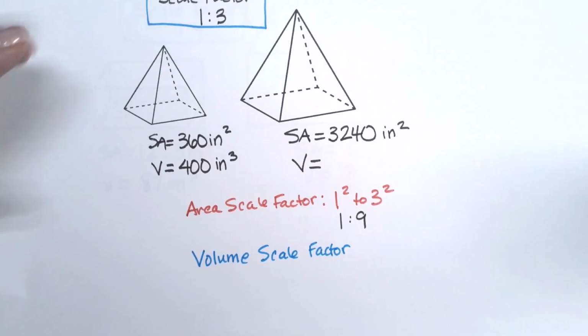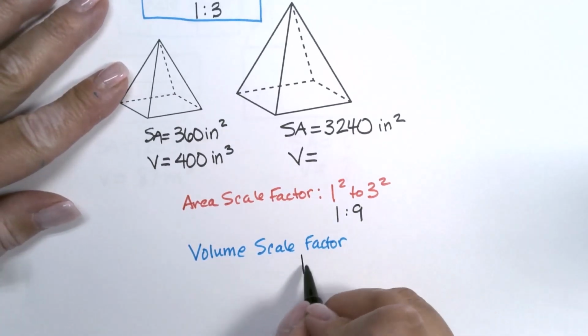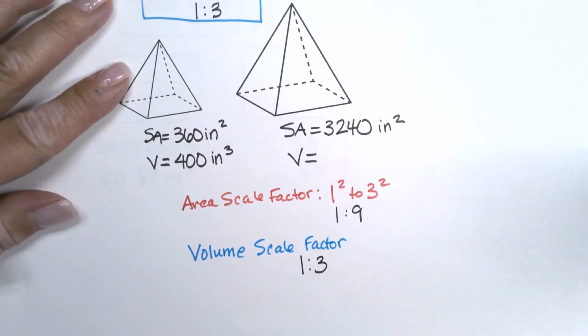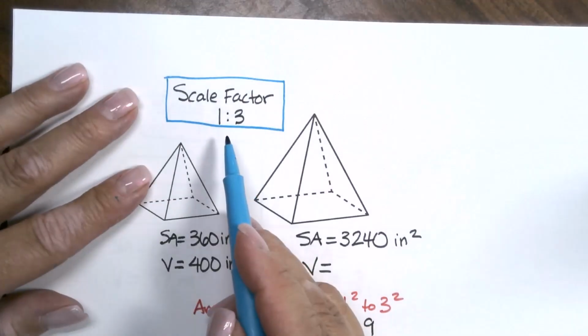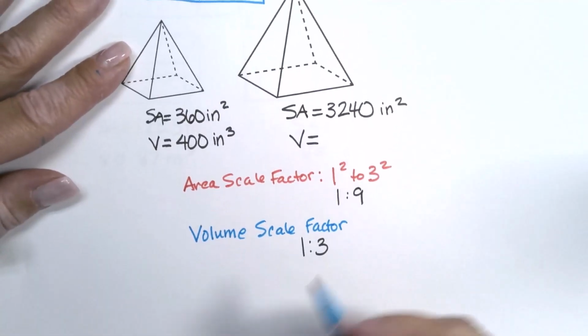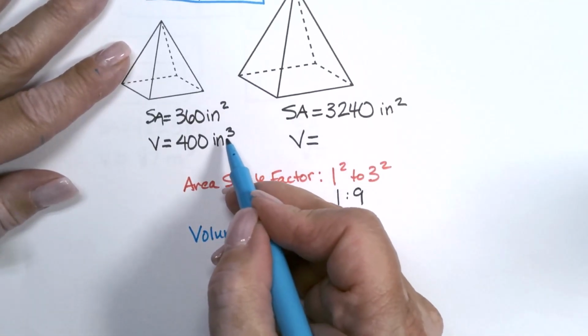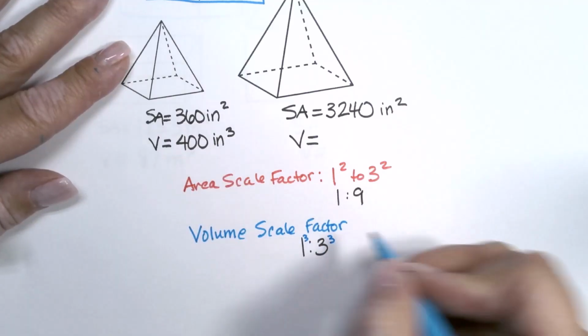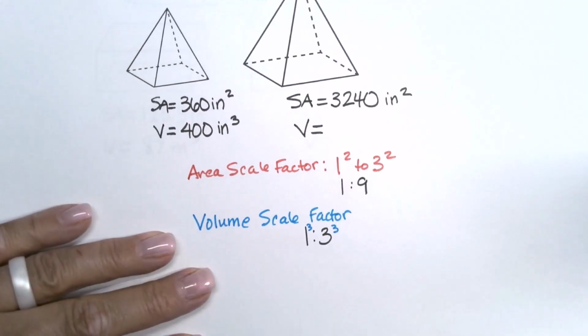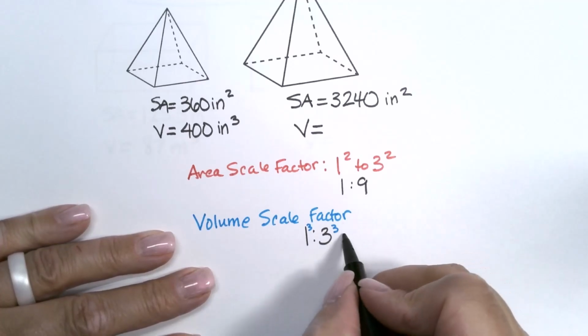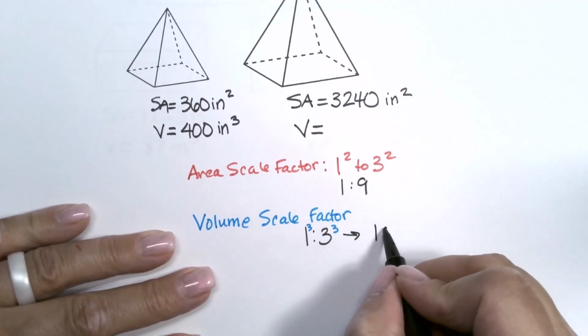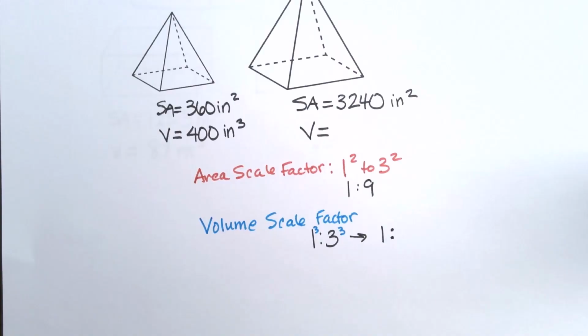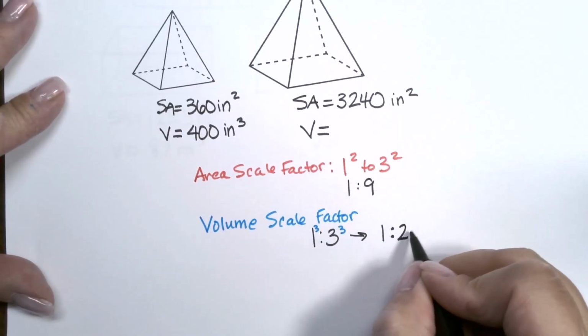So again, we're starting with the 1 to 3. That's the original scale factor, but volumes are cubed. You can see that from the units. So cube that up. And you are going to end up with 1 cubed is 1, 3 cubed is 3 times 3 times 3, 9 times 3 is 27.